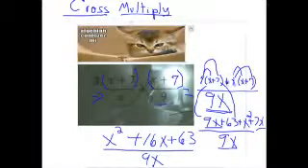Do the same thing with this one. See, I have an addition sign right there. Same addition sign. Make sure you carry over the addition sign. Distribute the x to the numbers in the brackets. X times x is x squared, because these are both to the power of 1.